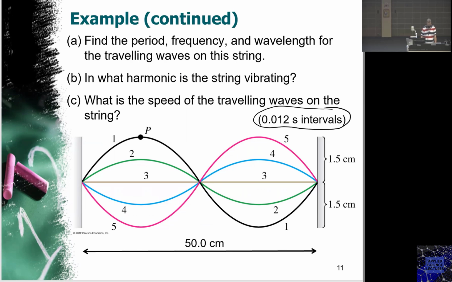So let me help you here. See, the point P is at the peak, right? In order to calculate the period, you need to calculate the time this point P is going to take to go all the way down and come back to the same position. Does this help?